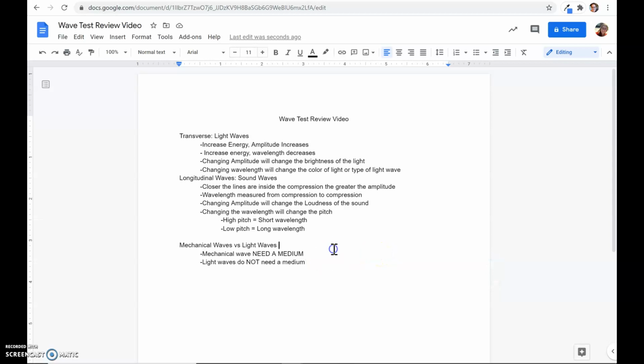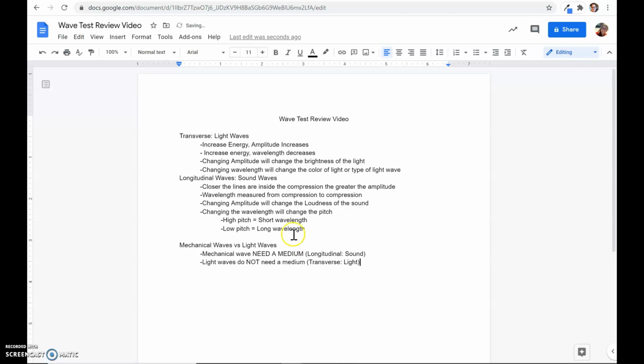So let's look at this. Mechanical waves need a medium. What is an example of mechanical waves? Longitudinal waves are mechanical waves, or they're also called sound, right? Longitudinal sound waves are mechanical waves. They need a medium. Whereas transverse waves or light waves do not.